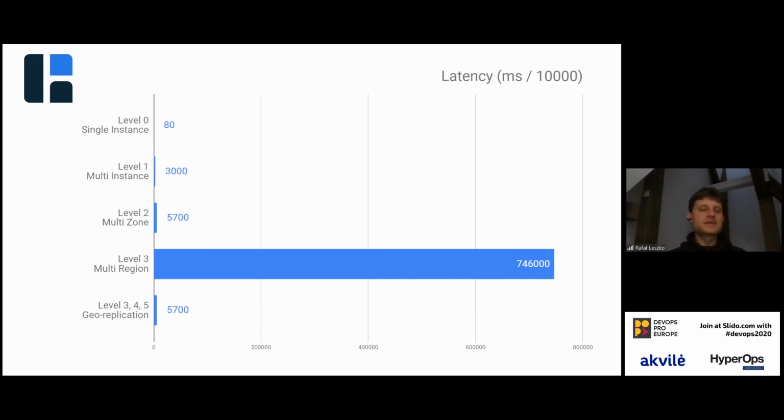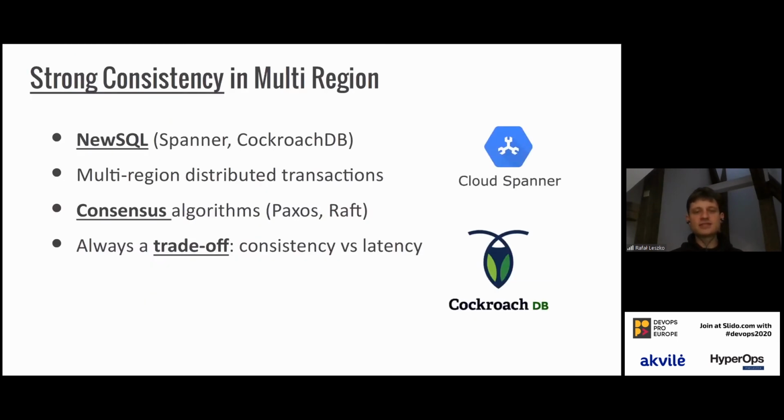So now you may ask, but come on, some banking systems need to have consistency across multiple regions. And that is true. You still can have strong consistency in multiple regions. If you're interested in that, I would recommend reading about something called NewSQL, which is basically the idea of Spanner, and CockroachDB is kind of an open source Spanner version.